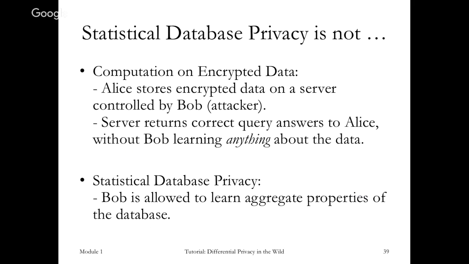This also does not solve the statistical database problem, because in the statistical database problem, Bob is actually allowed to learn these aggregate statistics over the data set. In the computation over encrypted data problem, Alice stores all the encrypted data on a server, and the server can compute on this encrypted data, but is not allowed to know the answer to any of these functions. Only Alice is allowed to know the answers to these functions.